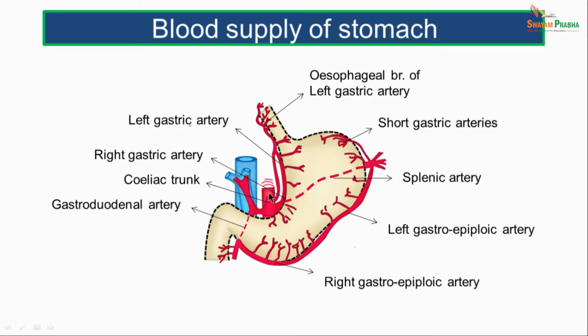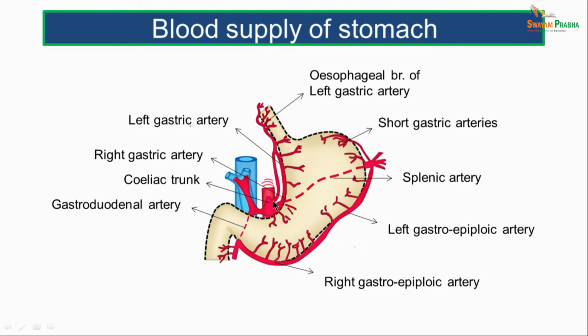What we see here is the abdominal aorta giving out one of its ventral unpaired branches, that is the celiac trunk. The celiac trunk is a very short vessel and immediately divides to form its 3 terminal branches, and those are the left gastric artery, the splenic artery and the common hepatic artery.